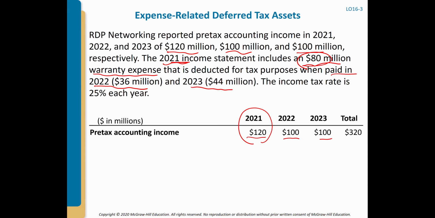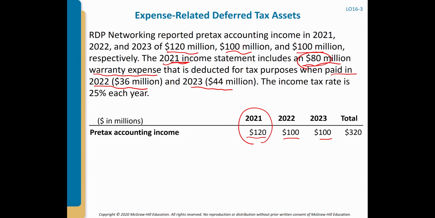So in accounting, how do we recognize warranty expenses? You remember we need to follow the matching principle. We need to recognize the warranty expenses at the same time as we recognize our revenue. In this case, in 2021 we sold our car, for example, so we should recognize those warranty expenses in 2021 to match the revenues.